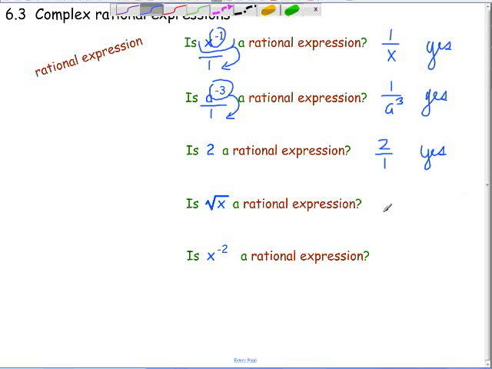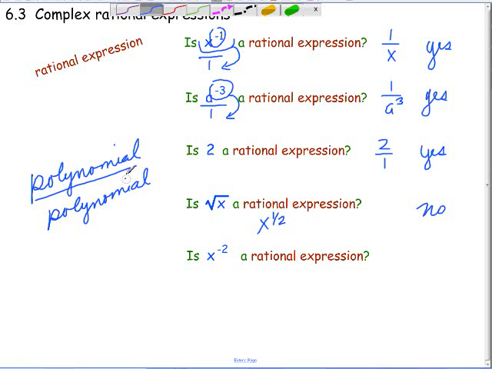Is the square root of 2 a rational expression? Well, the closest I can get to making it a rational expression, let's see. I have to say no, because I'm looking for a polynomial over a polynomial.